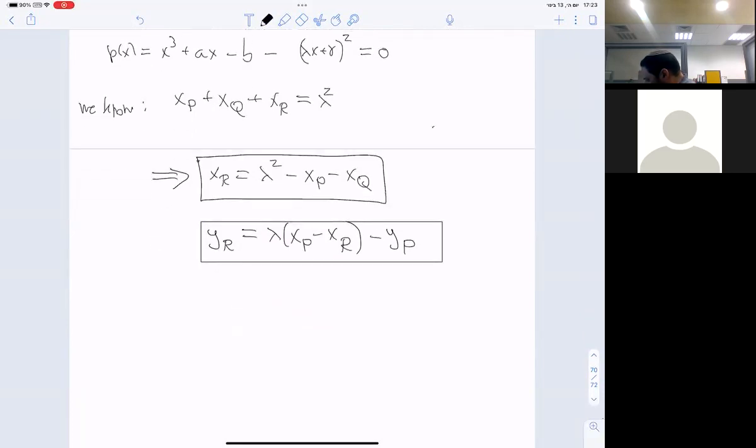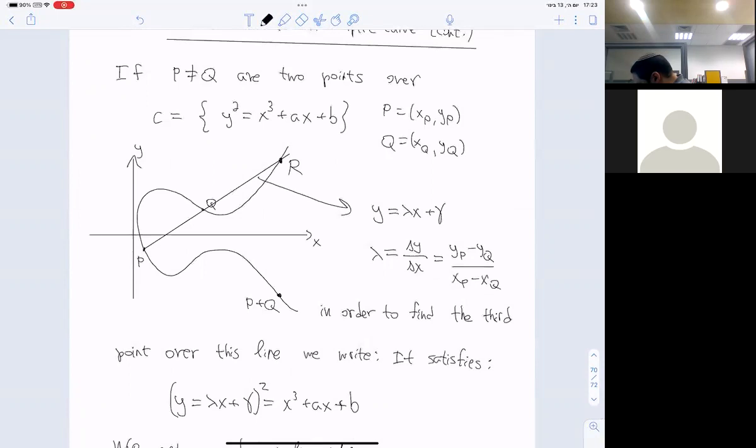When they are the same, for example, if we want to add P to itself, it turns out to be a tangent.